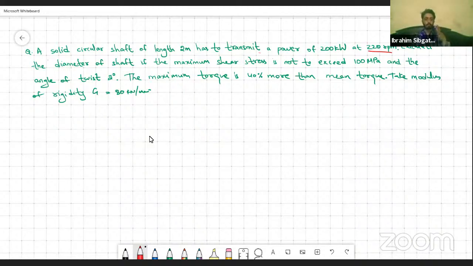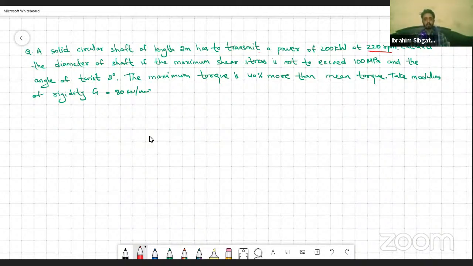And then the angle of twist is also given. As I just told you, the angle of twist here is given in degrees, but we have already learned that the angle of twist will be in radians. So we have to convert this 2 degrees into radians. And how can we do that? I'll show you when I am doing the problem.